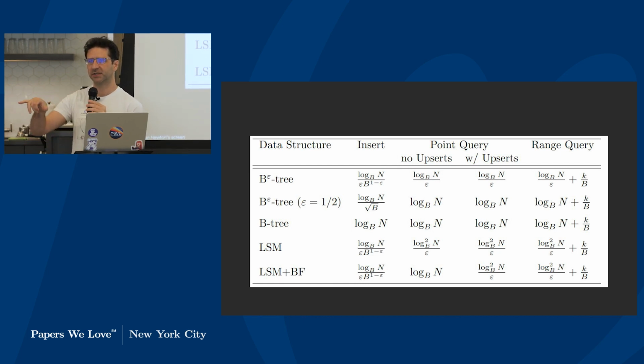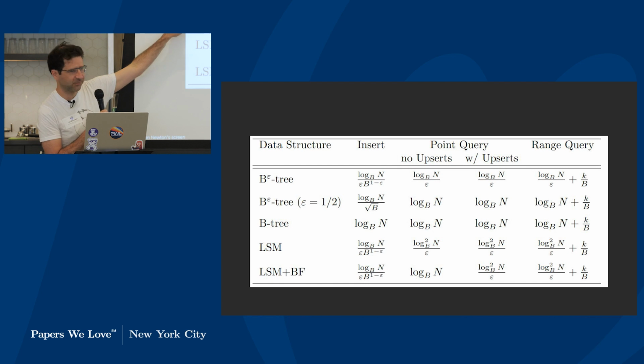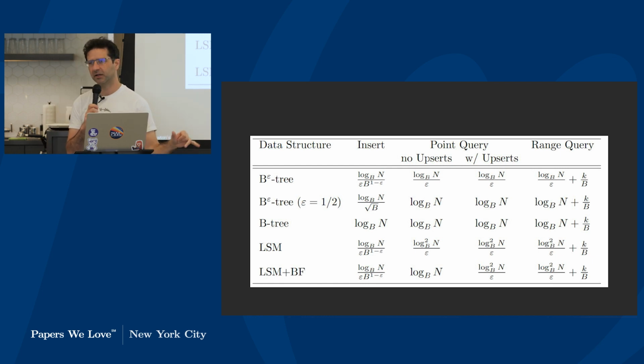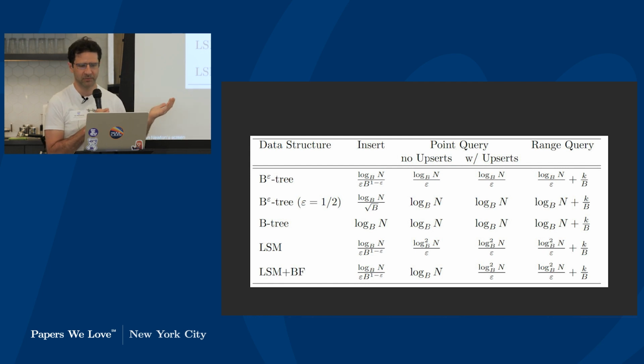So how much of the tree is dedicated to write buffering versus fan out to the children. The most common case, because the numbers work out nicely, is if you set epsilon to half. So if you have, say, an 8 megabyte B epsilon tree node, you can split it in half and use 4 megabytes for write buffer and 4 megabytes for pivots.